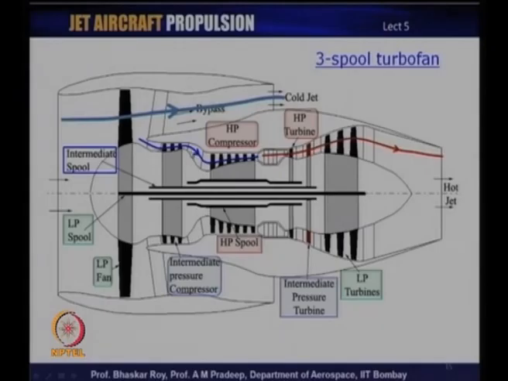That is the basic gas generating flow, that is also the basic power producing flow, and then also goes out in the form of a hot jet, which produces a certain amount of hot thrust.